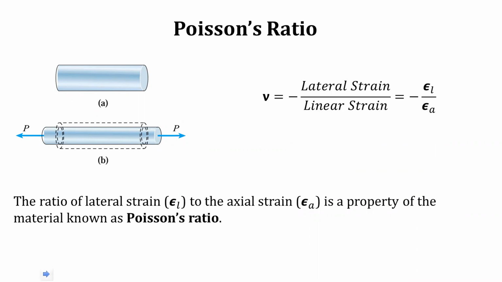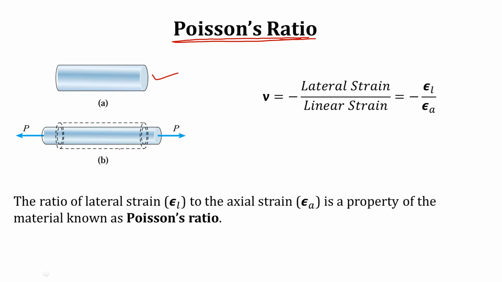Now another property of the material is Poisson's ratio. I think you have also heard this term in your physics subject. Suppose I have a round shape material. If I apply load, what will happen? The length will increase and the diameter will reduce. Suppose this dotted line is the original cross-sectional area.